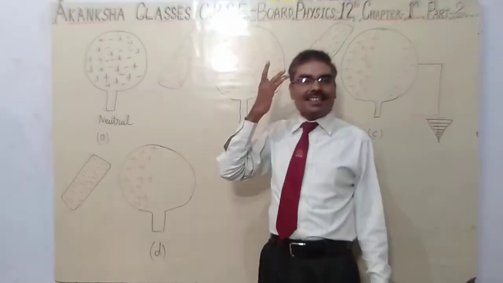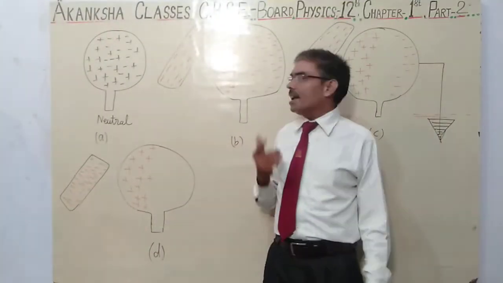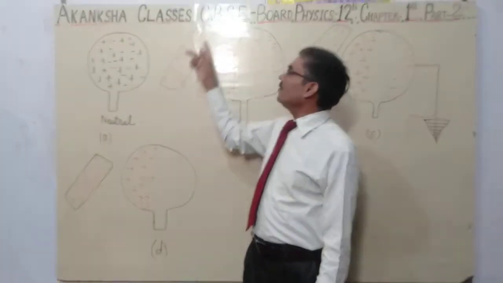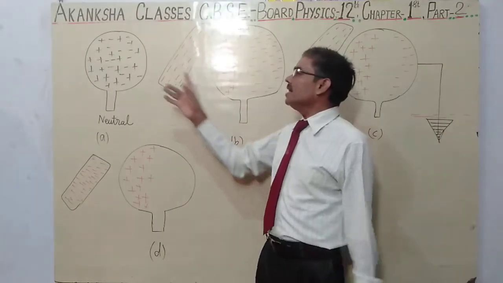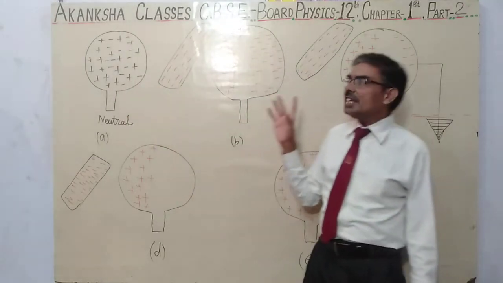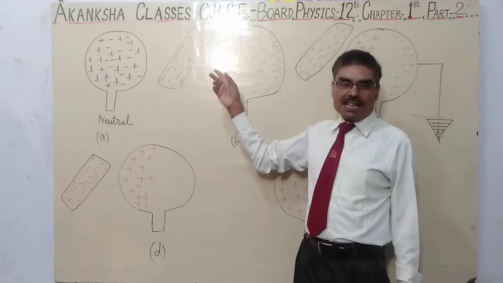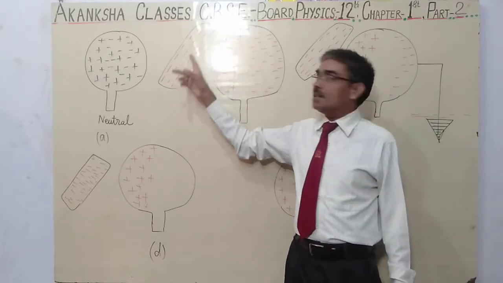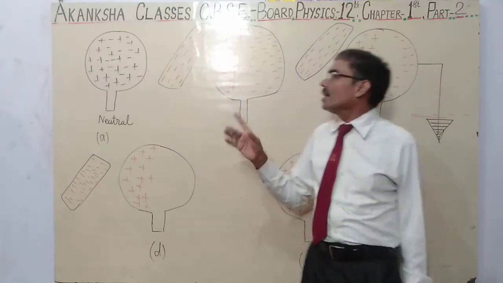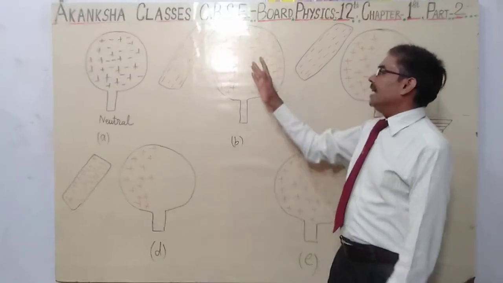And after thinking a few minutes, I have decided that if a negatively charged object is brought near the metallic sphere, some of the positive charges will be attracted due to the presence of negative charges. Then what will happen?